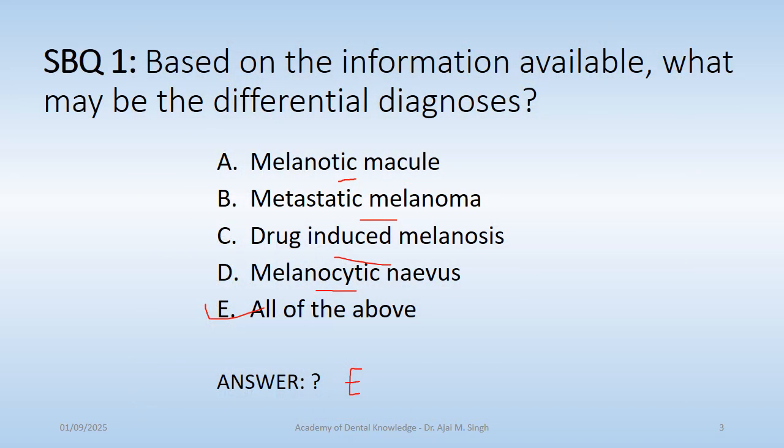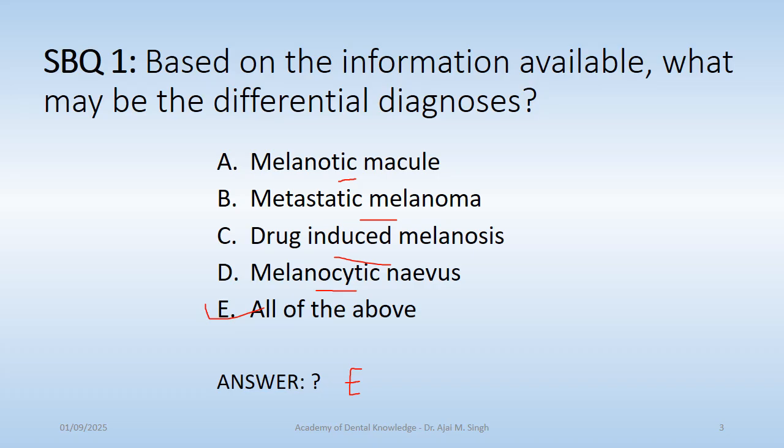Now the question comes, question number 1: based on the information available, what may be the differential diagnosis? Option A is melanotic macule, which is a benign discoloration. Metastatic melanoma, it is the malignant form of melanoma.